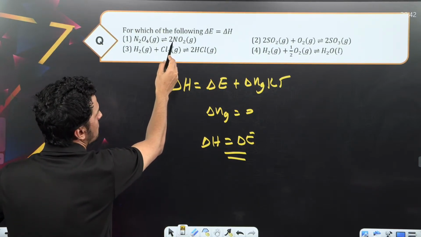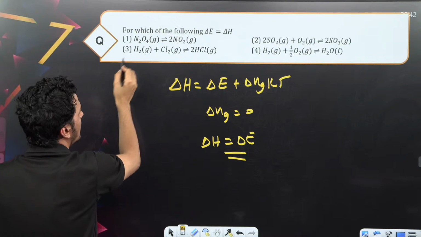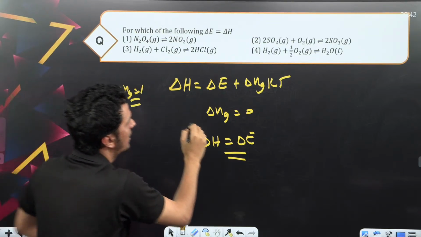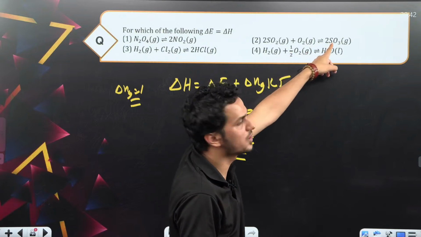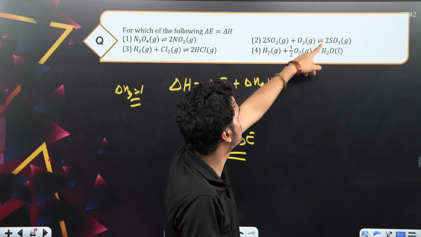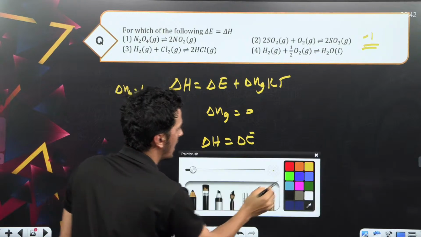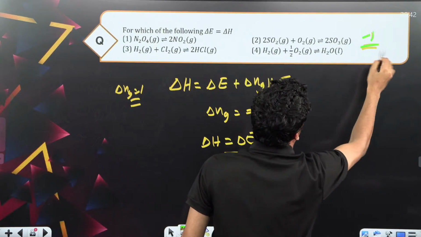Here, 2 gaseous products, 1 gaseous reactant. So in the first case delta Ng equal to 1. What about the second case? Here 2 gas, here 3 gas. So 2 minus 3, minus 1 will be coming. So that's not the answer. Again, here minus 1 is coming.